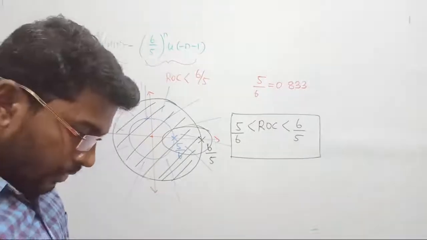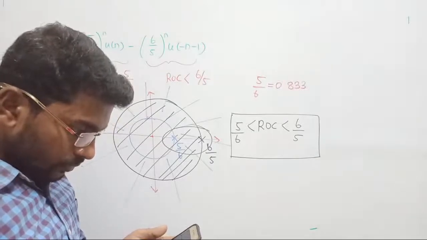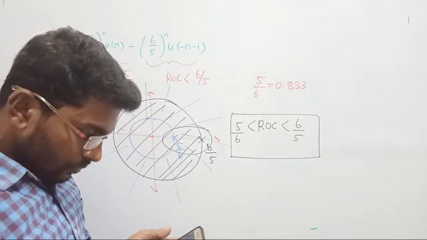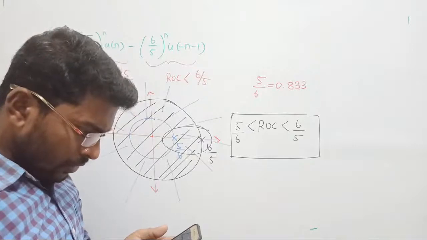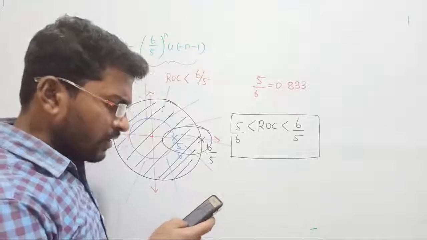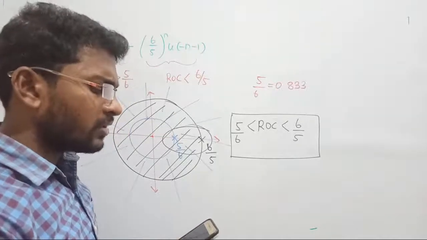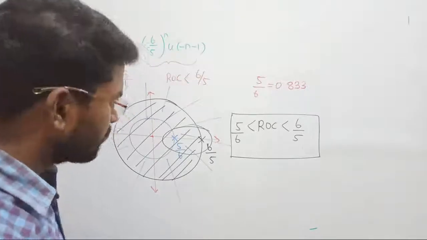Question number 12 only now. Yes. Then the region of convergence of x1 of n plus x2 of n is different as 1 by 3 to 2 by 3. The region of convergence of x1 of n minus x2 of n.